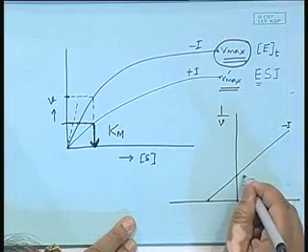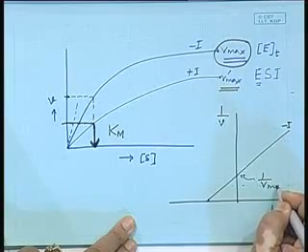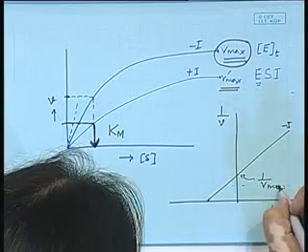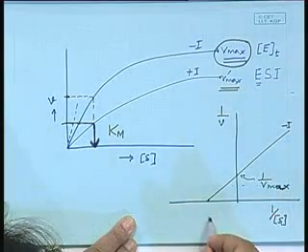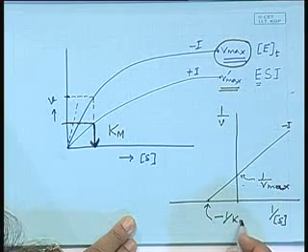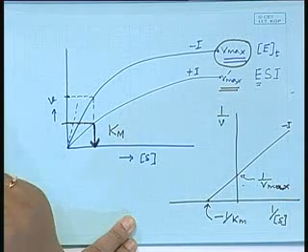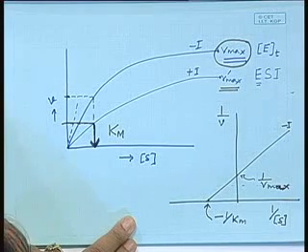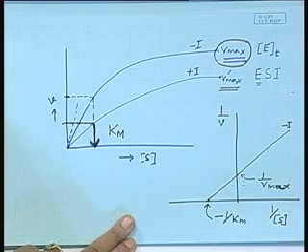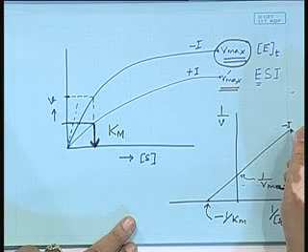What is again my intercept here? 1 by Vmax. What is my intercept here? Minus 1 by Km. My initial velocity is going to increase always. Why? Because I have an inhibitor now. So my line is always going to be above the uninhibited enzyme.